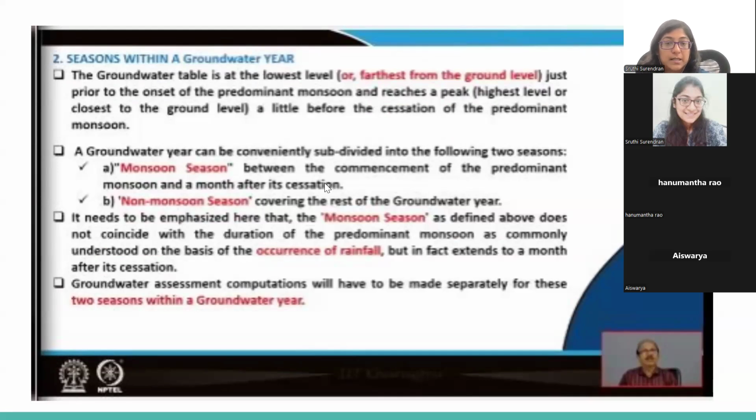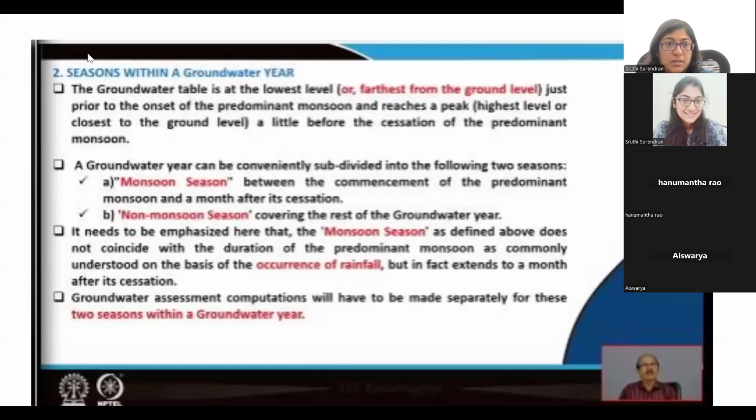The non-monsoon season is the rest of the groundwater year. Again, the monsoon season will be different months for areas receiving southwest rainfall and for areas receiving northeast rainfall.